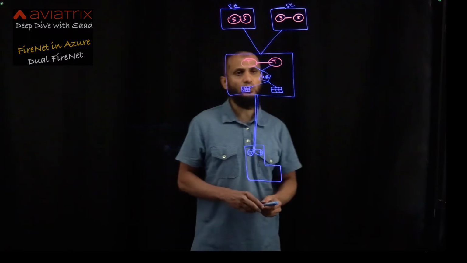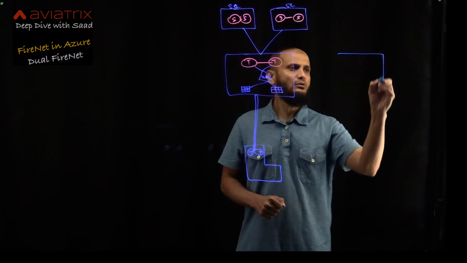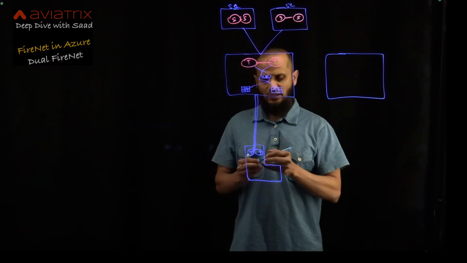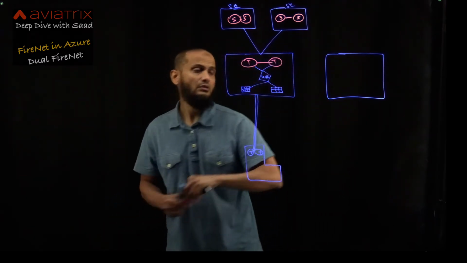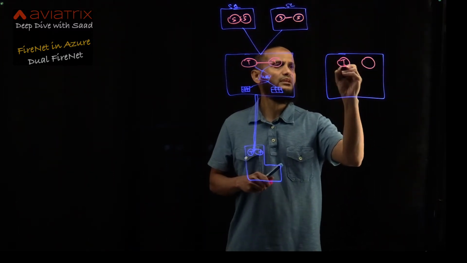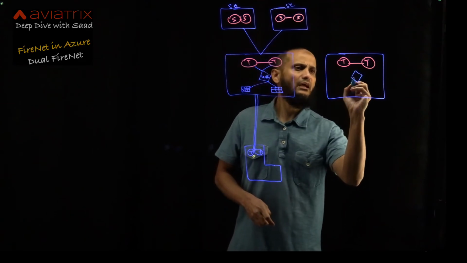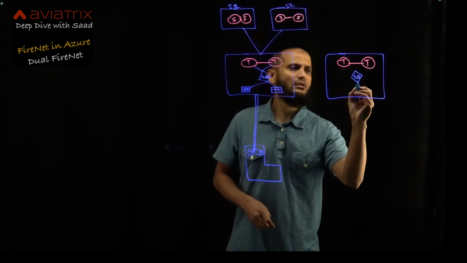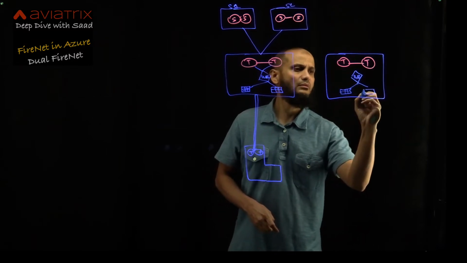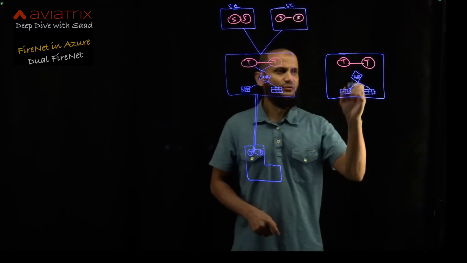At that point, you have to create one more transit, and then here you will have the Aviatrix transit FireNet gateways again, and then Azure ILB, and behind Azure ILB there will be the firewalls, next generation firewalls.